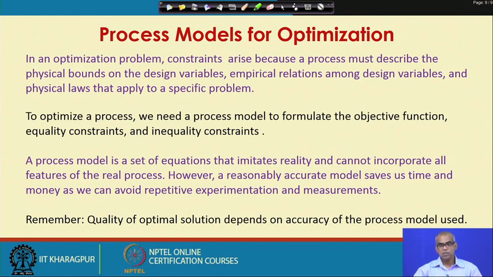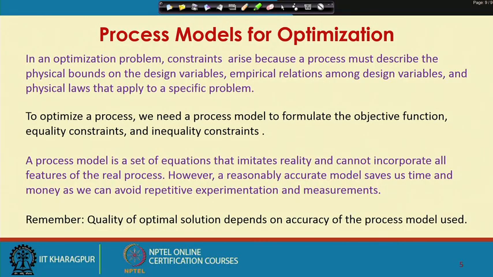A process model is a set of equations that imitates reality and cannot incorporate all features of the real process. That may not be possible because the real process may be extremely complex, and it may not be possible by the set of equations that you are using to incorporate all the complexities that exist in a real process.